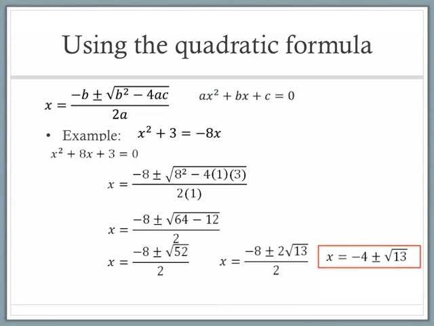Then we did taking the square root of both sides, which is when you only have an x squared term and you don't have an x term. Completing the square, which is when you move the constant over to the right and you have x squared plus bx on the left, and you use b over 2 squared. And then the last method we just did is using the quadratic formula, identifying a, b, and c, and plugging them right into the formula.